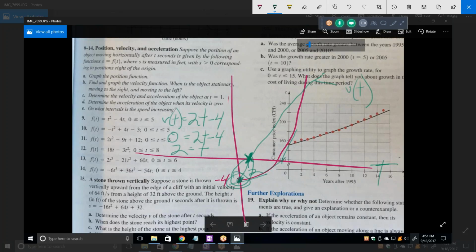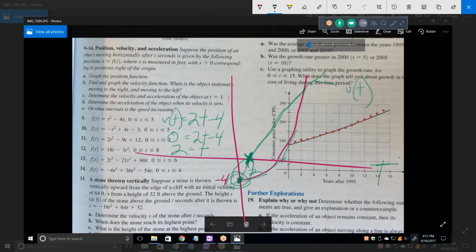Because the velocity is negative. Velocity is 0 where my x is, so it's stopped right there. And then to the right of 2 hours, the velocity is positive. And that would be when it's going to the right. Exactly. Okay. So it's moving to the left between 0 and 2 hours, and then it's moving to the right 2 hours and greater.